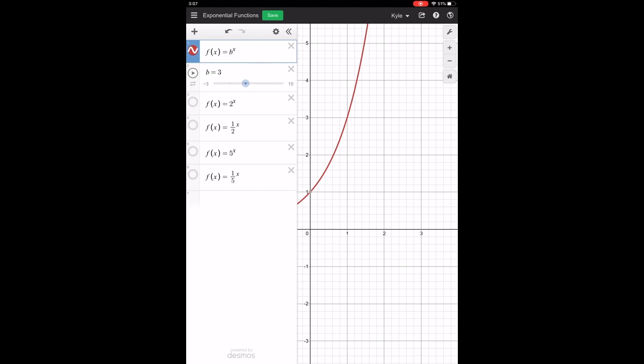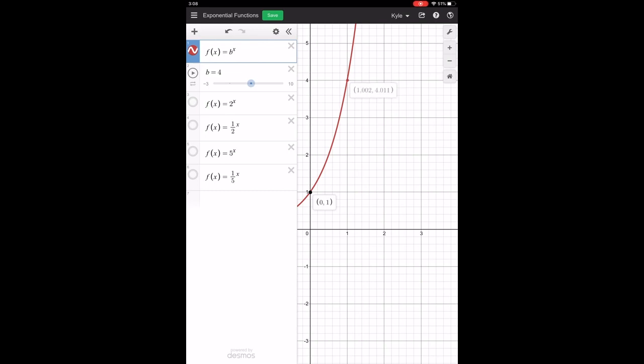We still have the same intercept, but instead of (1, 2), we have (1, 3). Now let's change it to 4. As I change it to 4, I still have the same y-intercept, but now I have (1, 4).